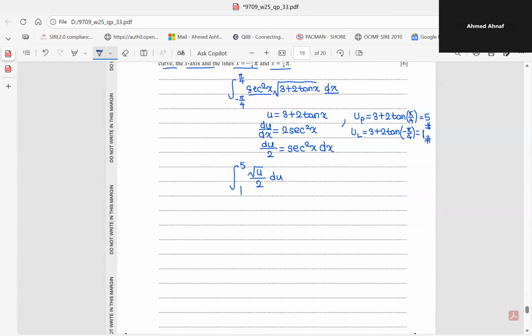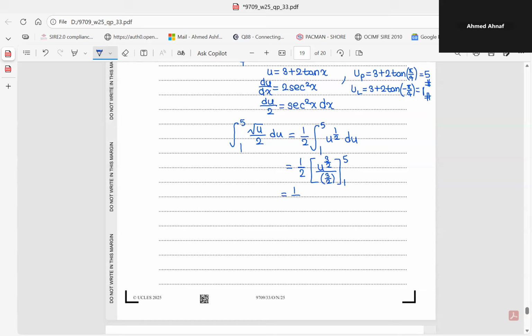Okay, so now to integrate this, you move the half out of here and you change square root u to u to the power of half du. So this should be no problem integrating. You just add 1 to the power, you get u to the power of 3 over 2, and you divide by the new power, 3 over 2. And then you get 5 and 1.